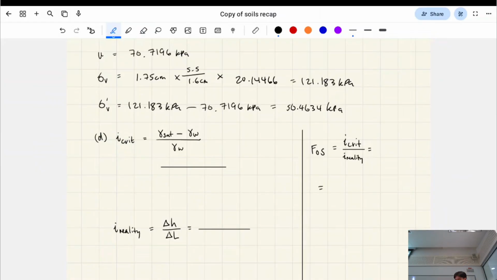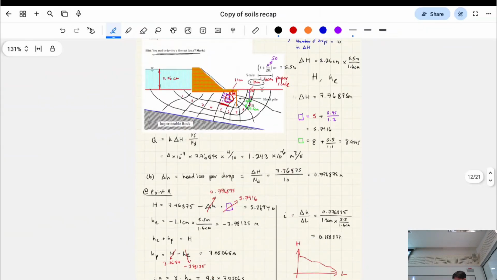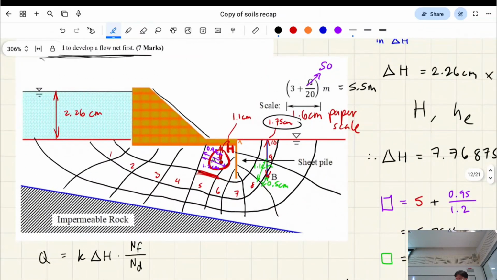And so when we look at our diagram, what point are we expecting this quicksand effect to occur at? Someone want to take a stab at this? Where do you expect the quicksand effect to occur?